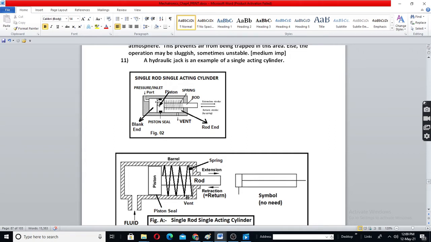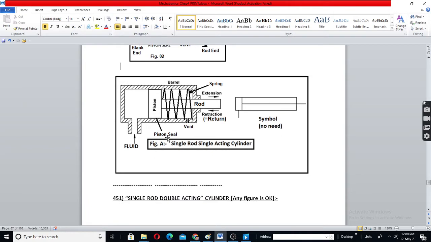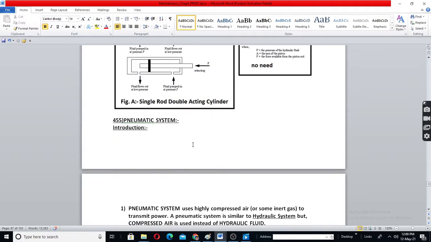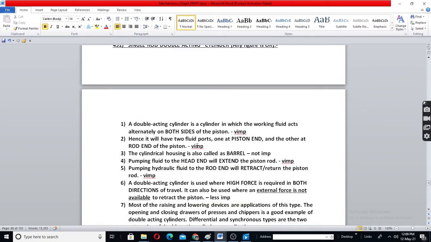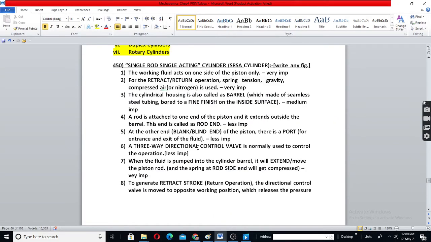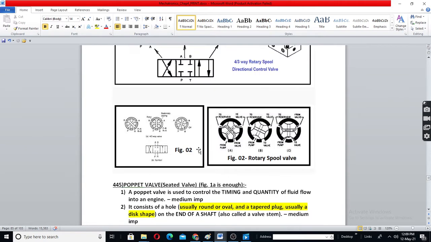Okay, so here there is piston seal. Like in pressure cooker you have a belt. Okay, here seal is shown like this. Okay, so this is regarding the hydraulic system.